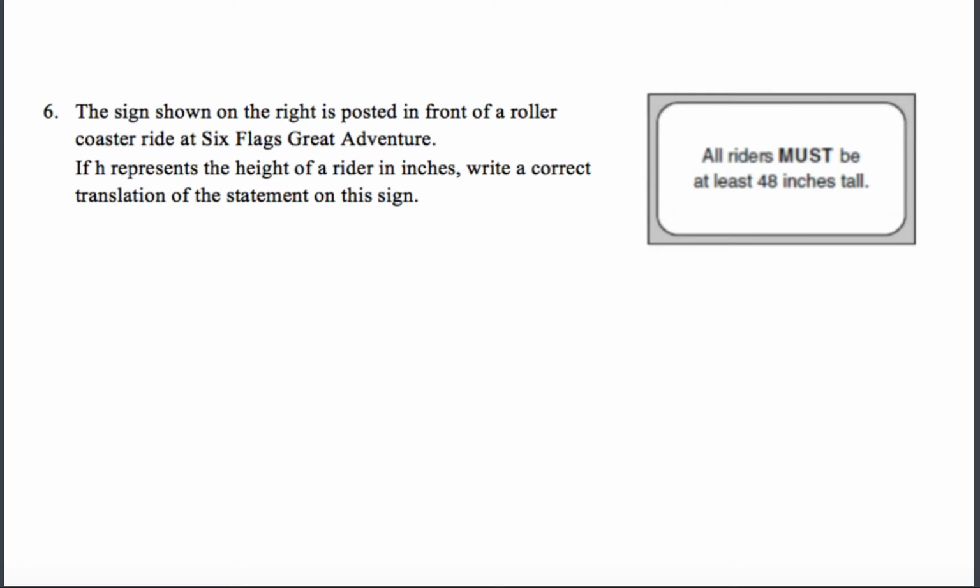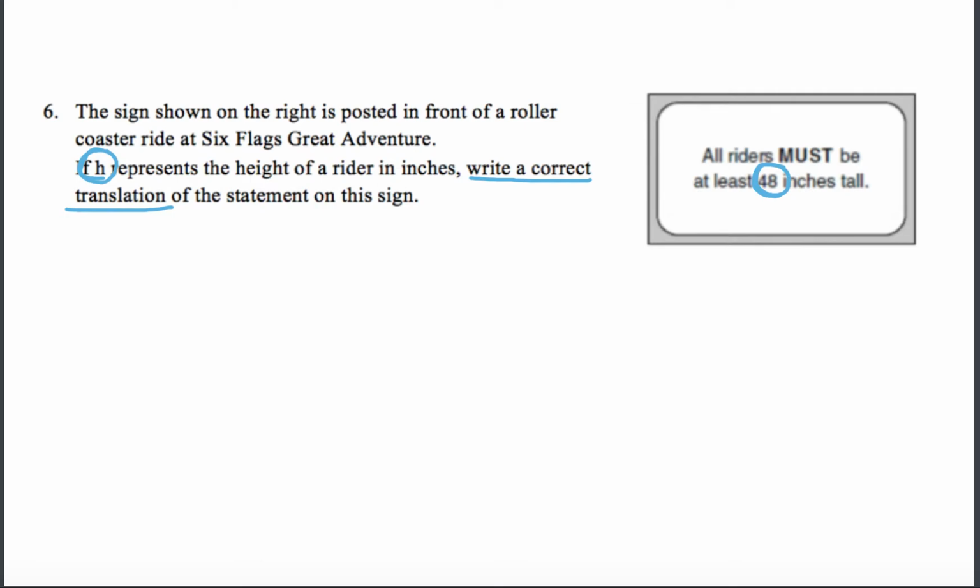For example, the sign shown on the right is posted in front of a roller coaster at Six Flags Great Adventure. If H represents the height of a rider in inches, write a correct translation of the statement on this sign. Since this is a word problem, I'm going to use CUBES to break it down. I'm circling any key numbers, and I see H as a variable. I'm underlining what they want us to do, write a translation.